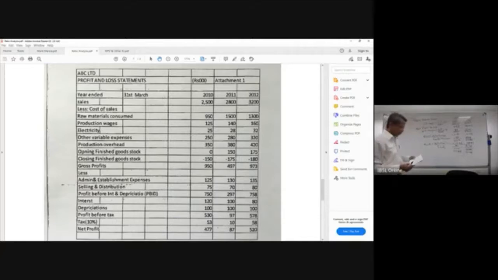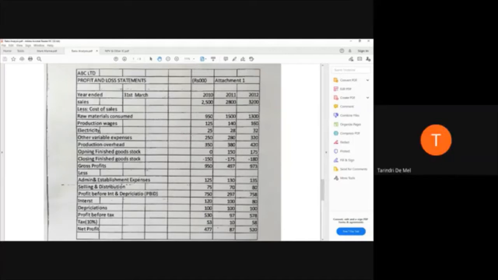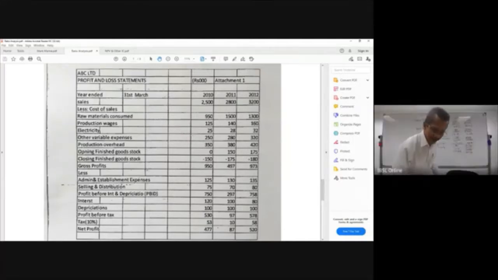Now look at net profit to sales. I have a question. If a company's net profit margins are very low, is it good or bad? Bad.